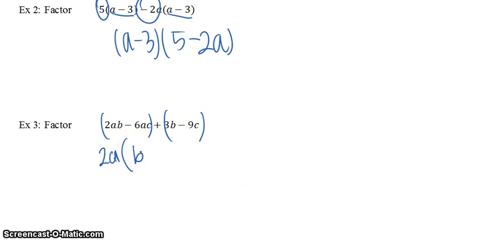Just b. And then 2a times a negative 3c will give me a negative 6ac. So this is my first part. But now I need to factor out from the second part. I'm going to factor out a positive 3, and that's all I can take. 3 times b gives me 3b, and then 3 times a negative 3c will give me a negative 9c.